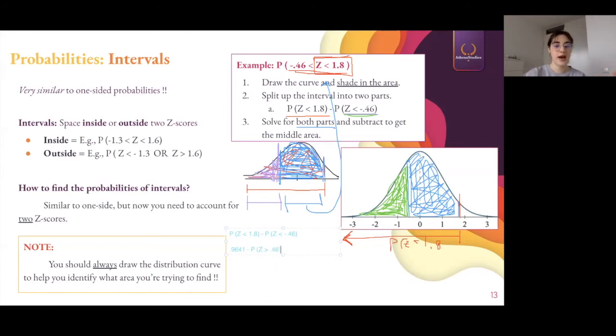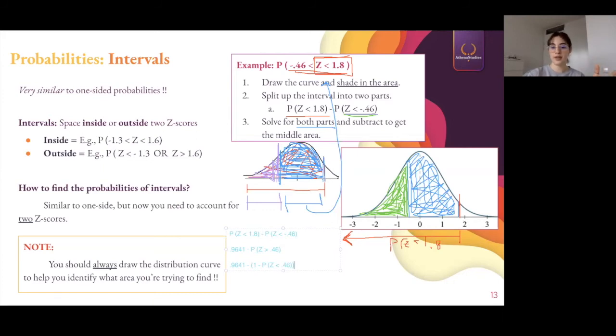And since we have a greater than sign, we can't find the right area in a z table. So all we do now is take this 0.9641 and subtract 1 minus the probability that z is less than 0.46.